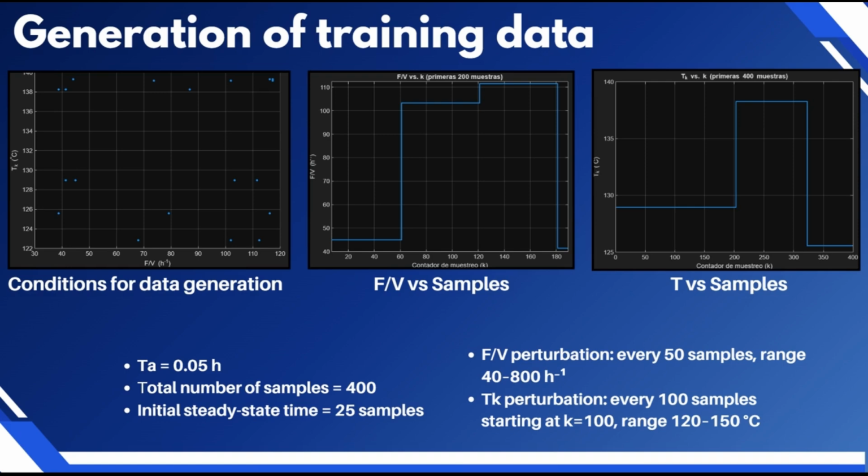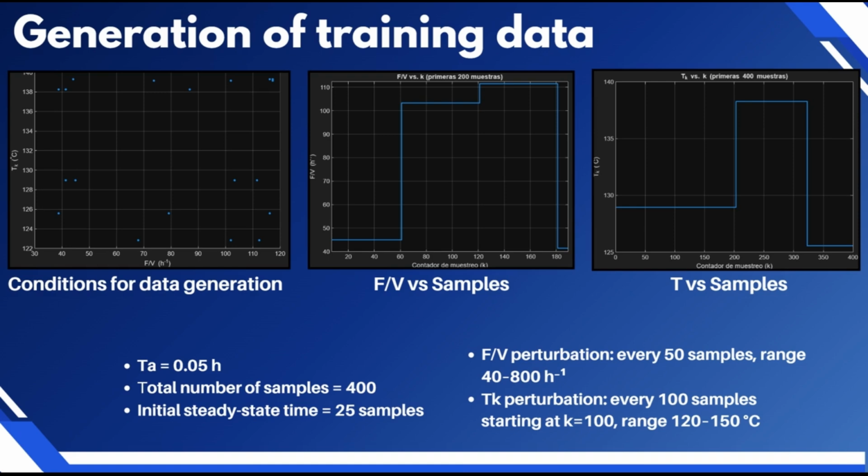To generate useful dynamic data for neural network training, we selected parameters that ensure variability and process stability. The sampling period was set small enough to capture the reactor dynamics without producing excessive data. A total of 400 sampling points were chosen to provide a sufficiently long run with multiple perturbations. We began at steady state for 25 samples to establish a baseline.